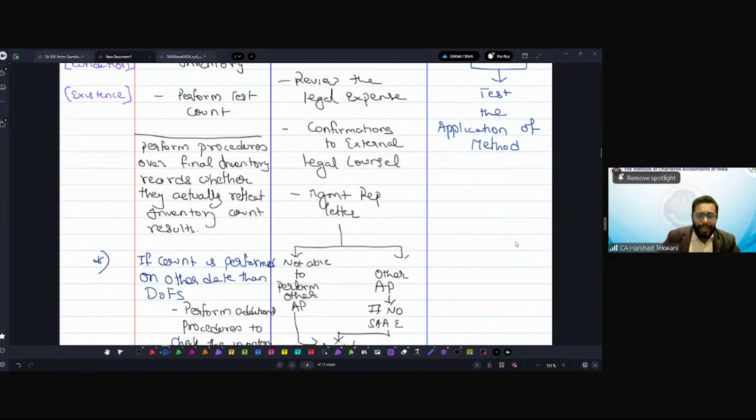And once you test, you need to perform other procedures as required, for example other procedures or analytical procedures that may be necessary in that particular scenario to test the presentation and disclosure of the segment information. This is what you need to do for segment information. Simple.